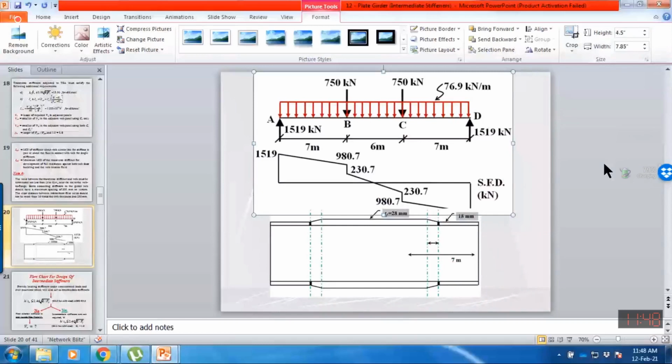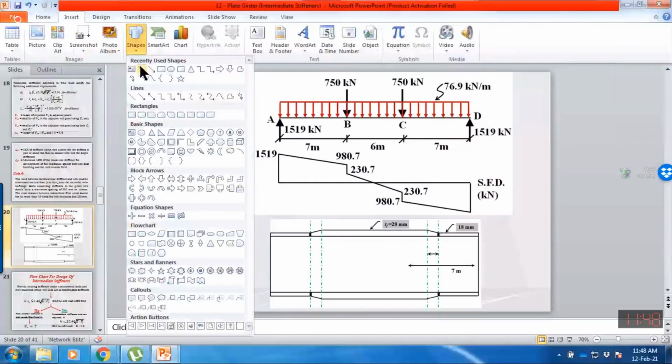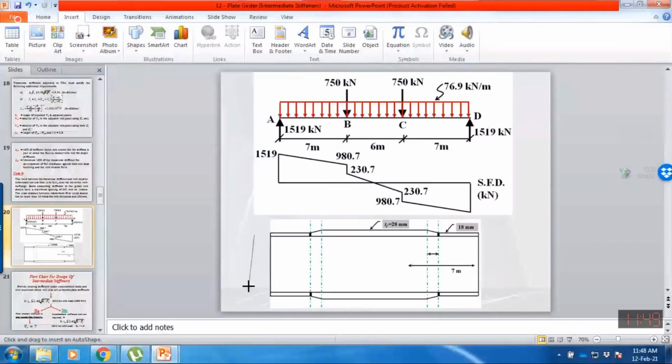So what I want to explain, let's suppose we want to decide the intermediate stiffeners now.